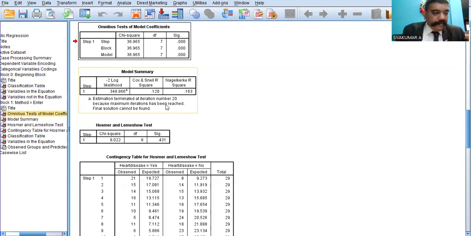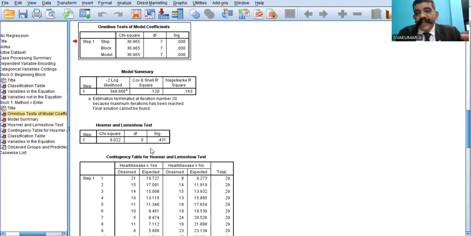That is the interpretation. Then another important table: the Hosmer and Lemeshow test, known as the test of goodness of fit. Here also you have to understand the p-value, that is 0.431.